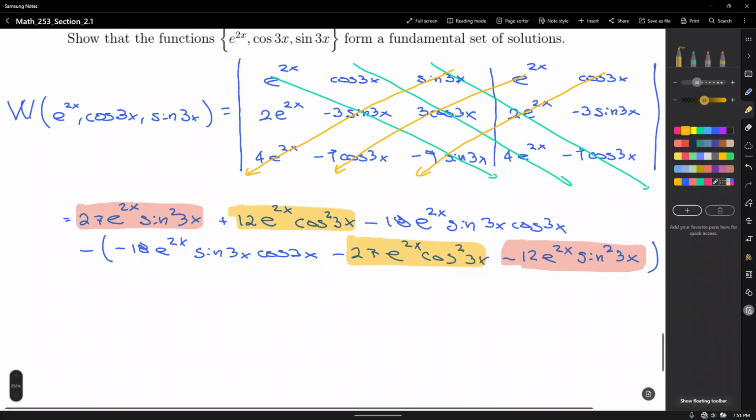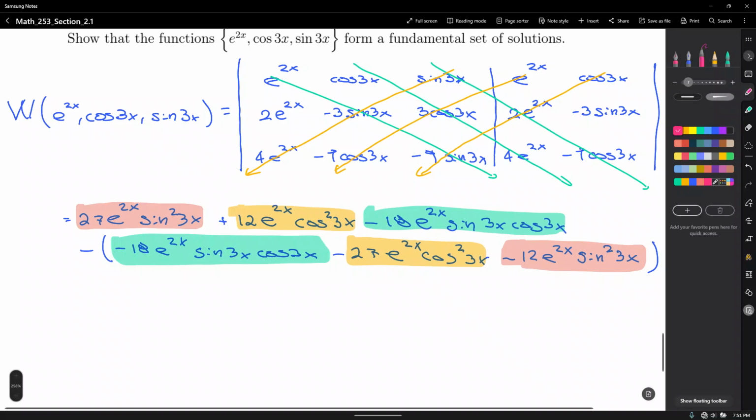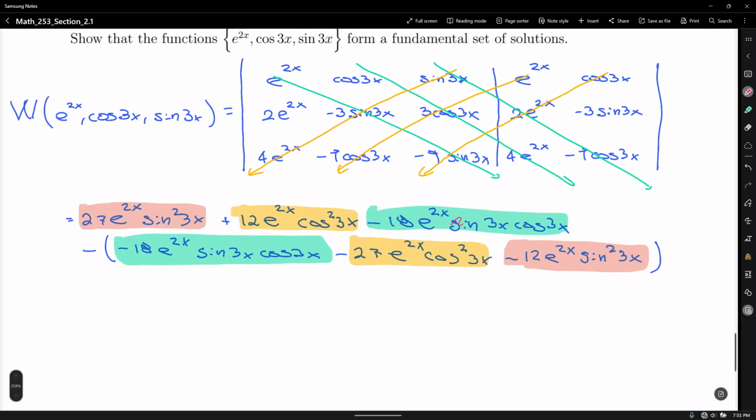And lastly, with a different color, I'm going to use green for all terms containing sine cosine. All right, so actually we can easily see that negative 18 e to the 2x sine cosine with positive cancel out, so those two terms go away.